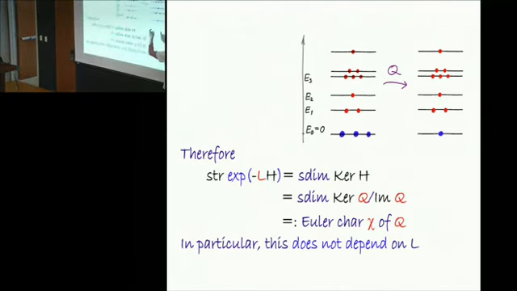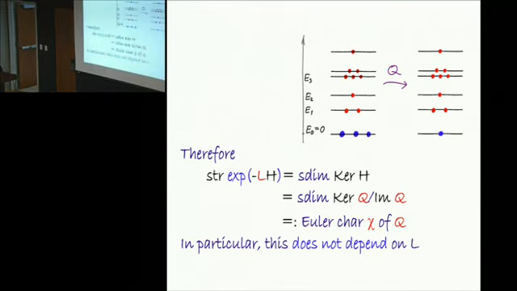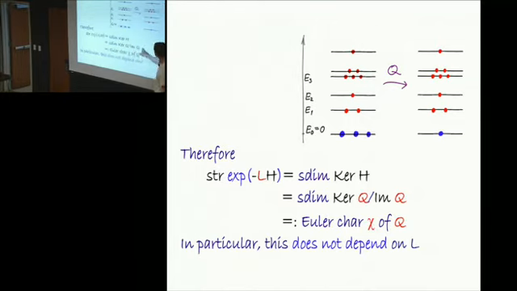Then moreover, Q pairs some of these dots to these dots. So you might as well take the super dimension of the kernel of Q divided by the image of Q. Since Q squares to 0, the image is in the kernel, so you take this quotient. This quantity is called the cohomology of Q, and its super dimension is called the Euler characteristic. A very elementary consequence of this is that it is independent of L.